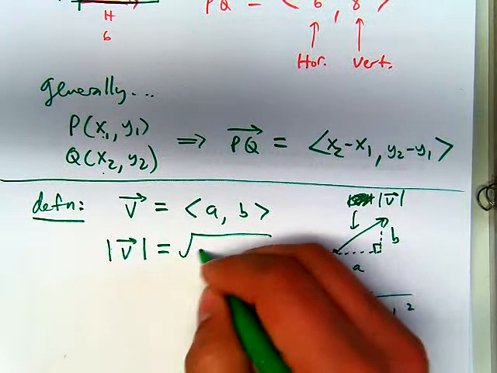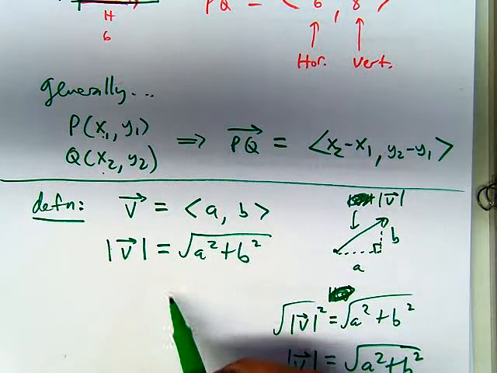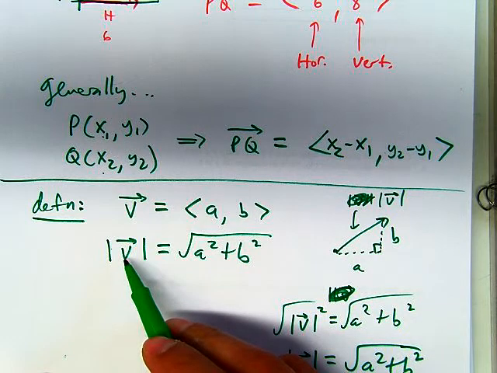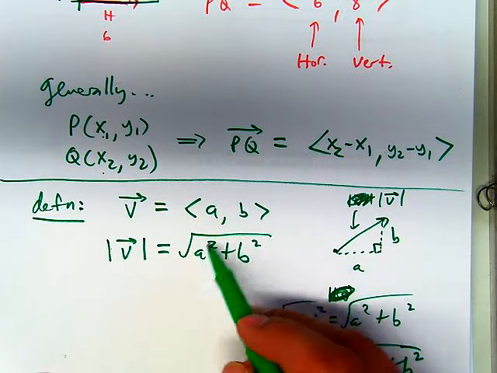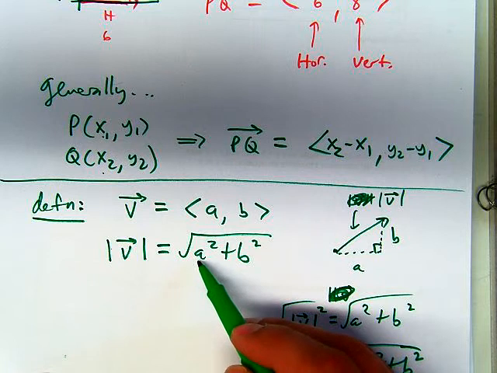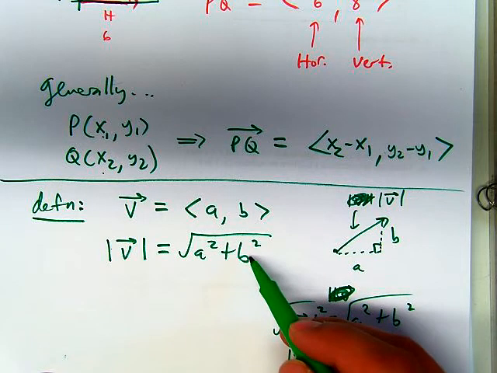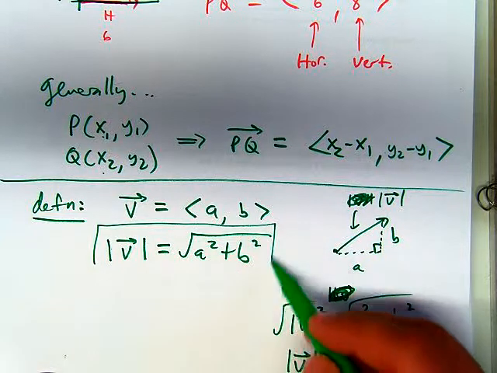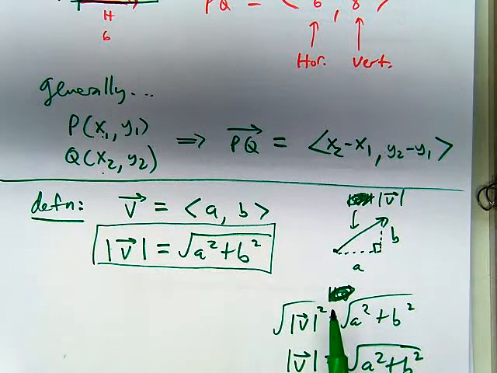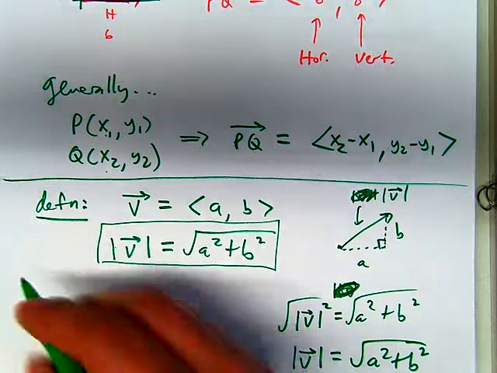So there's a nice little shortcut for finding the magnitude or the length of a vector. As long as we know the horizontal and the vertical components, all this means is to take the square of the horizontal component, the square of the vertical component, add them up, take the square root, and there's your length or magnitude.